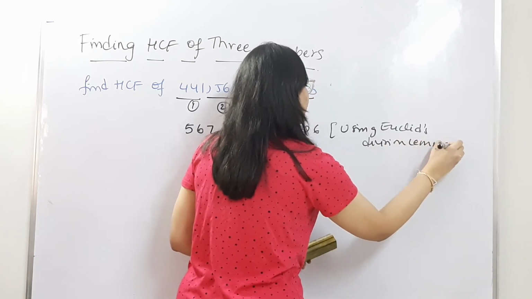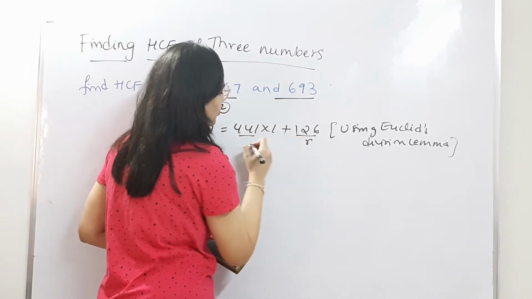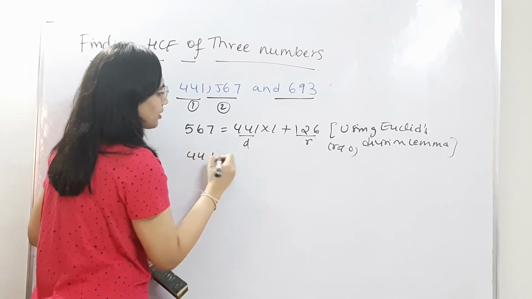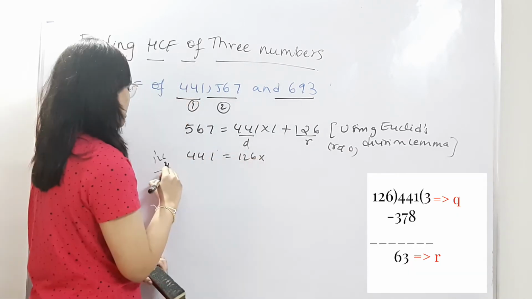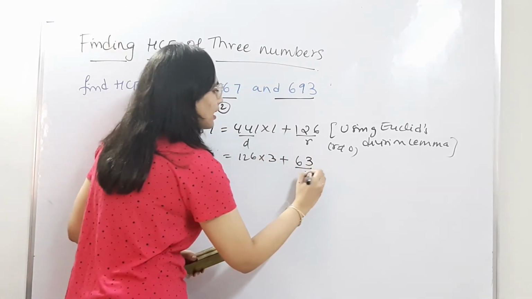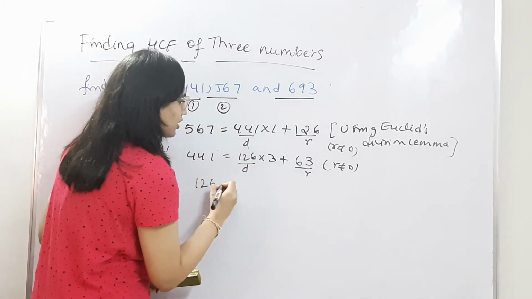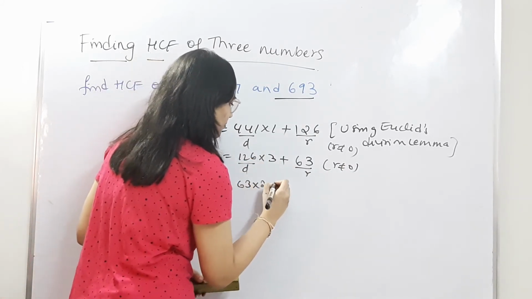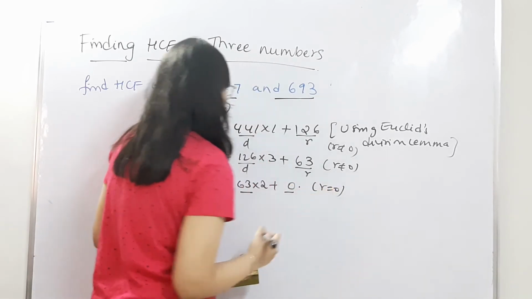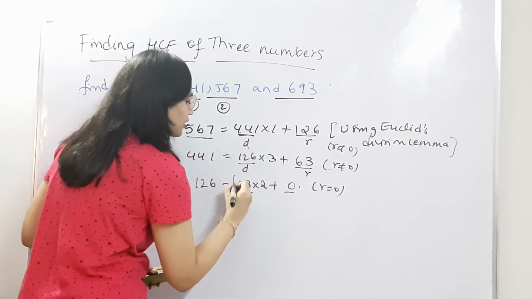Here the remainder is not equal to 0, so we need to keep on applying this lemma. 126 into 3 is 378, plus 63. Again the remainder is not equal to 0. This is the divisor. Again, 126 is 63 into 2 plus 0. So here the remainder is equal to 0. So the HCF of 567 and 441 is what?